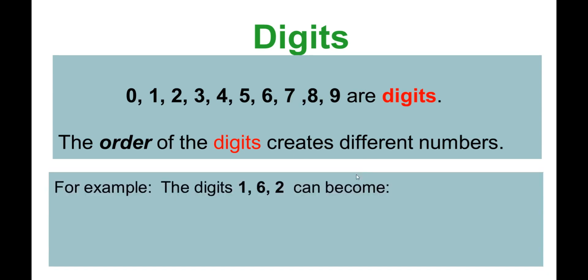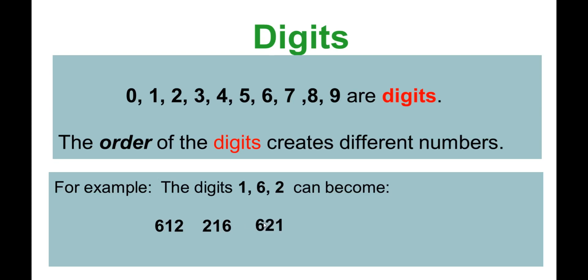So let's take, for example, the following digits: 1, 6, 2. I can make them into different kinds of numbers. For example, 612. I can also rearrange these digits and create another number. For example, 216. The same digits, it's just a different number.